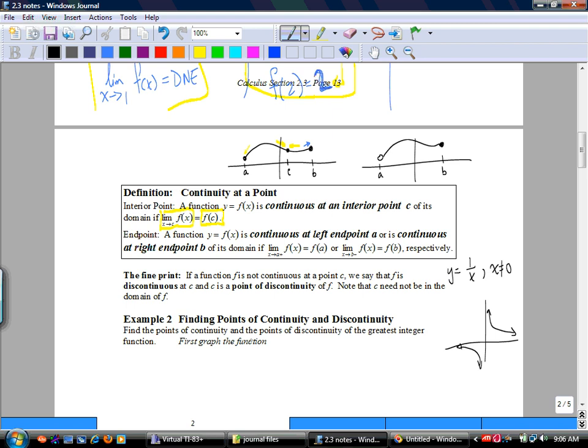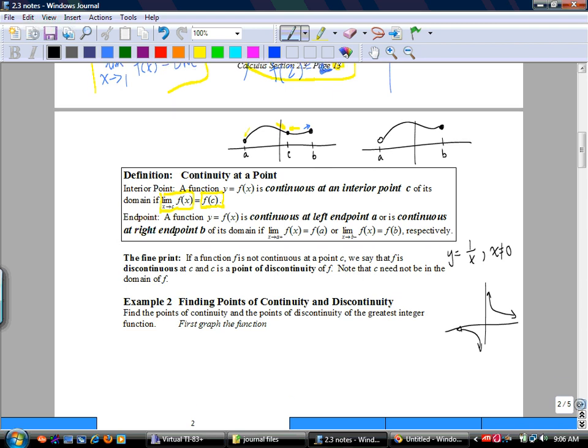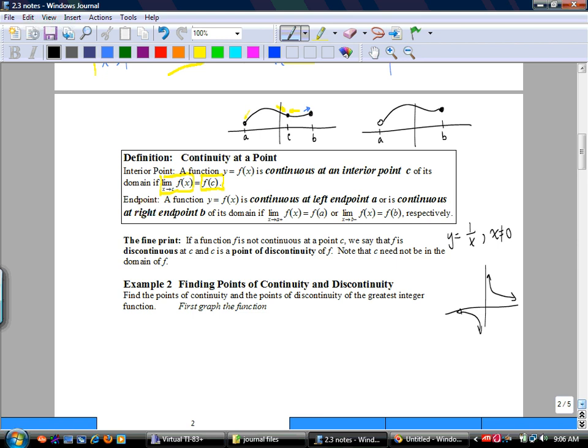So find the points of continuity and the points of discontinuity in the greatest integer function. The greatest integer function is that step function that we drew a couple of days ago.